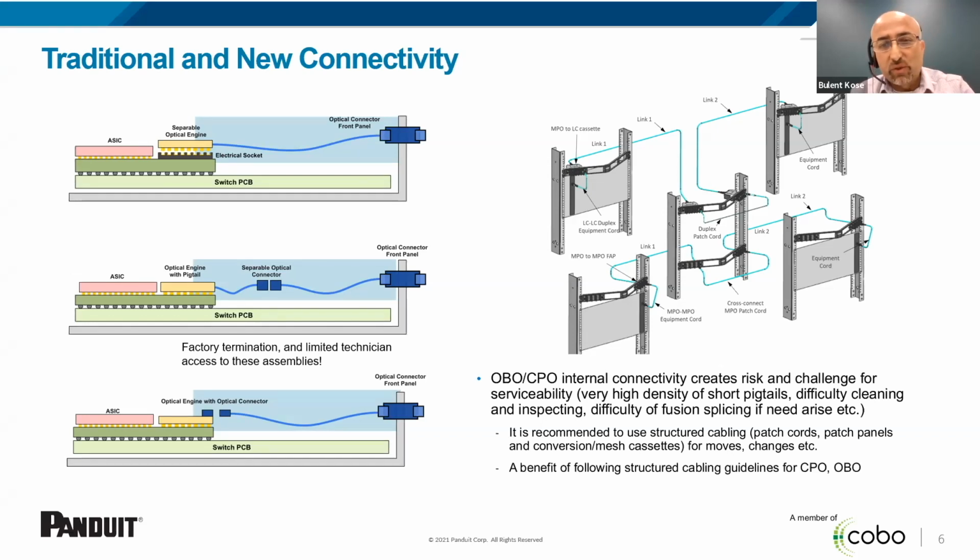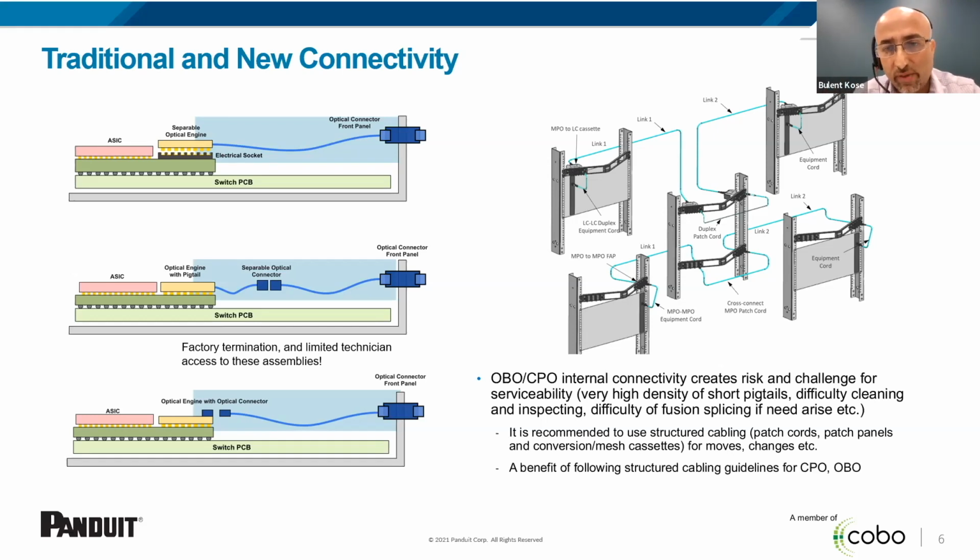That's why it's recommended to use structured cabling like patch cords, patch panels, and conversion and mesh type cassettes for converting between 16 and 12 fiber structured cabling connectivity. And of course, depending on FR4, DR4 application, you would have a different number of fibers going into the module.